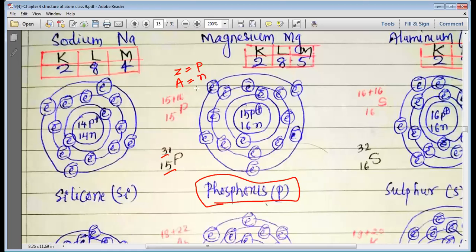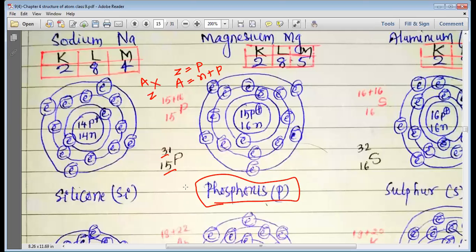So Z is determined from the number of protons, my dear students, and A, that is atomic mass number, is determined by the number of neutrons. If we have any element X, then in the subscript we write Z, and in the superscript we write A. So this is the way by which we represent the element.